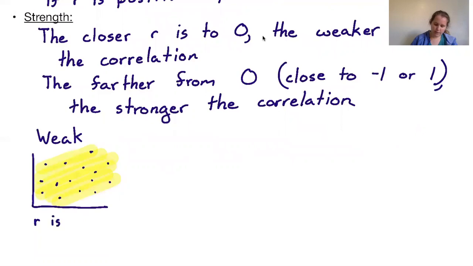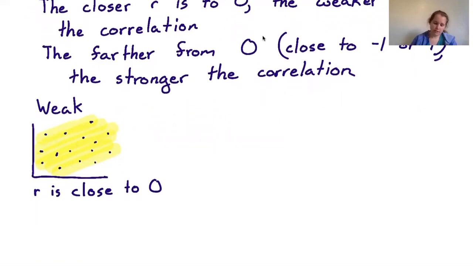And my definition of weak, I usually say it's between -0.5 and +0.5.